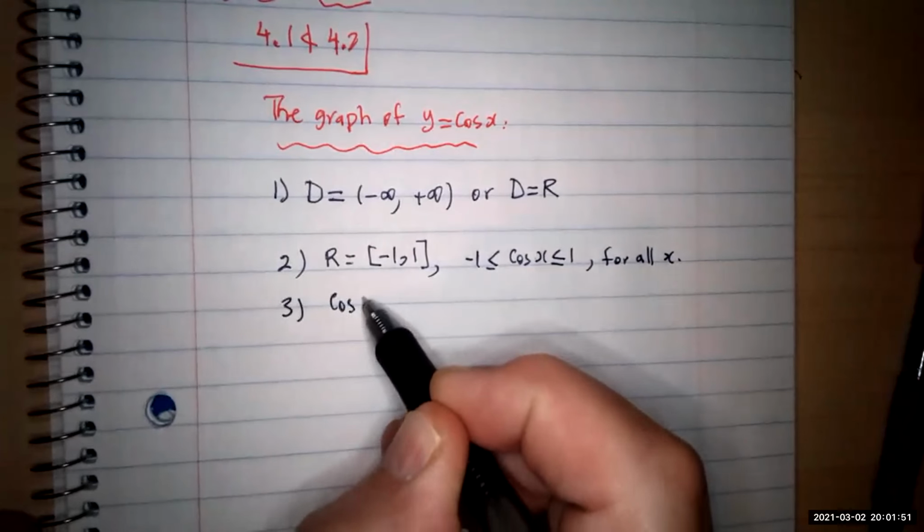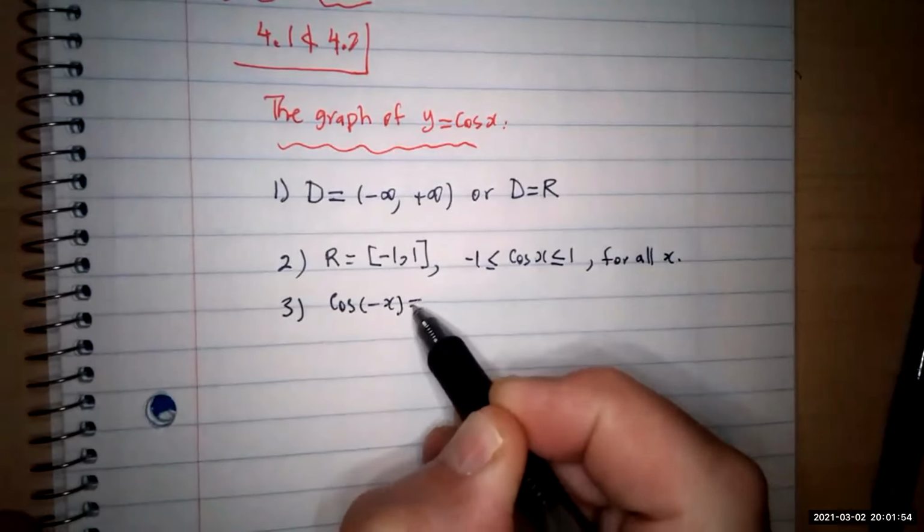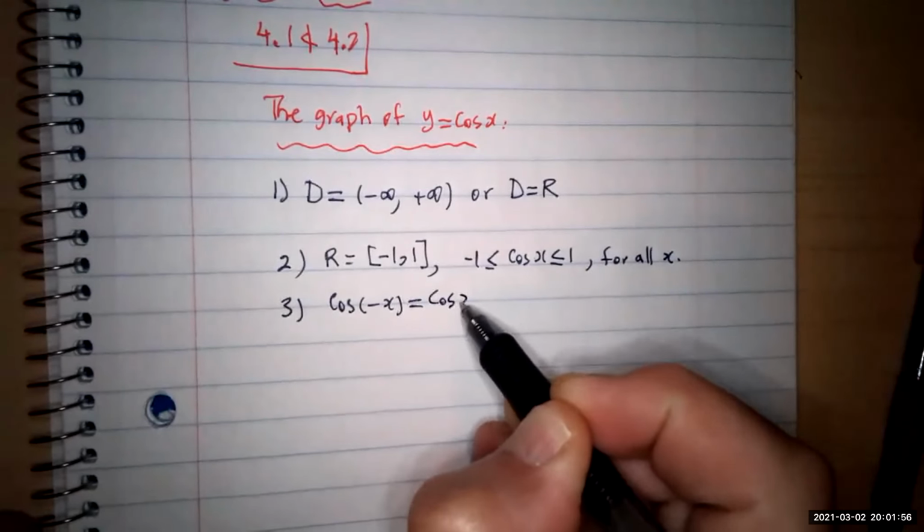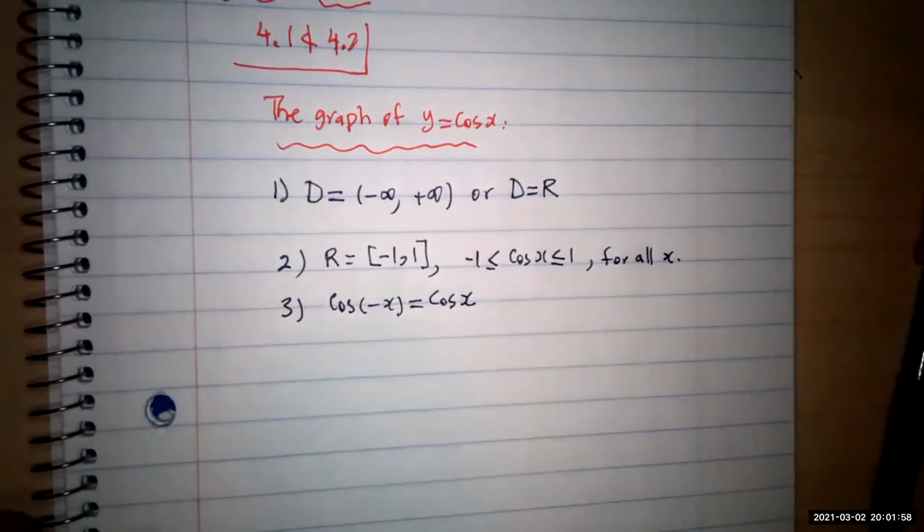The other thing is, remember, the cosine of the negative x is the same as the cosine of x. So go to the right, to the left, you are going to be on the same graph.